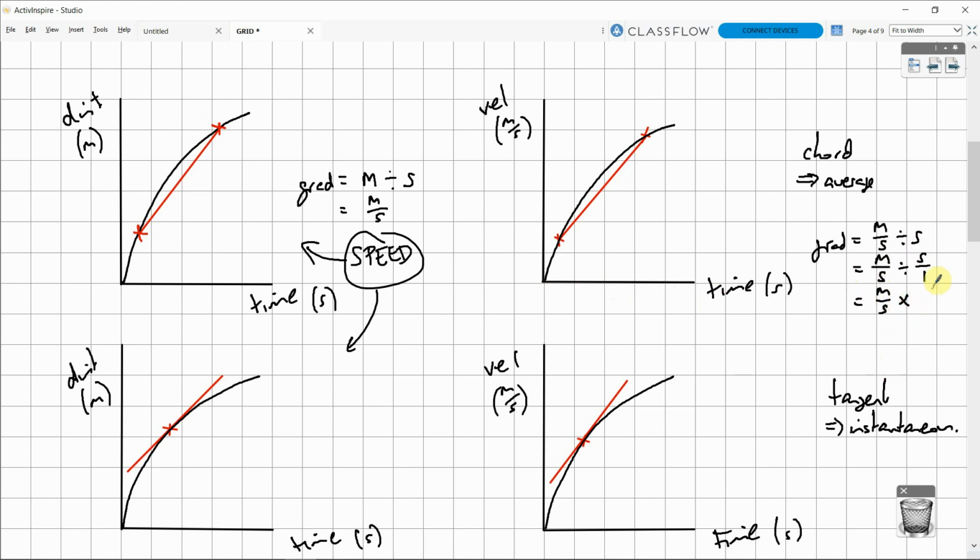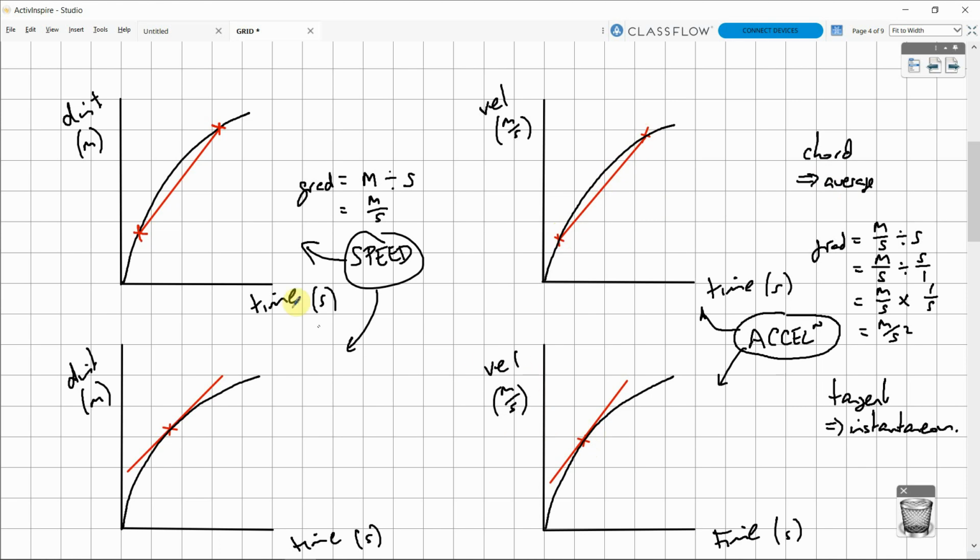You multiply by the reciprocal. And so we get meters per second squared. And meters per second squared is talking about an acceleration. So here, on a velocity time graph, we're looking at a chord, so we have an average acceleration, whereas here for this tangent, we have an instantaneous acceleration.